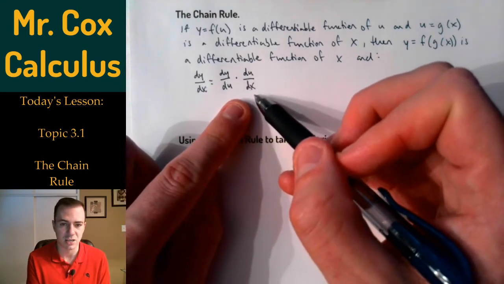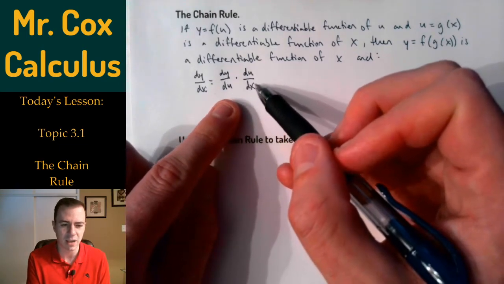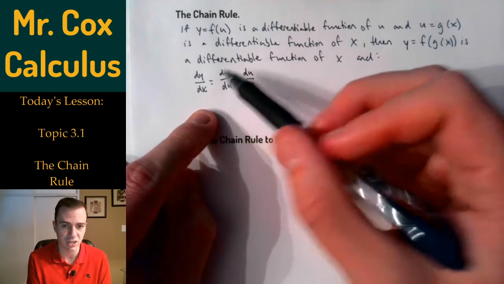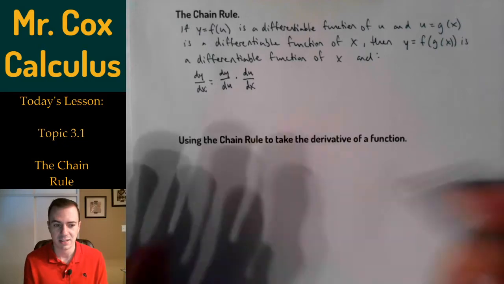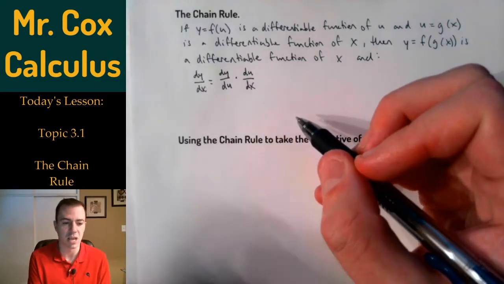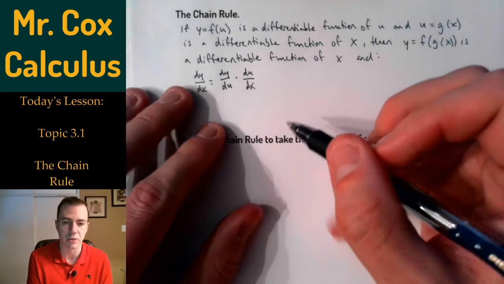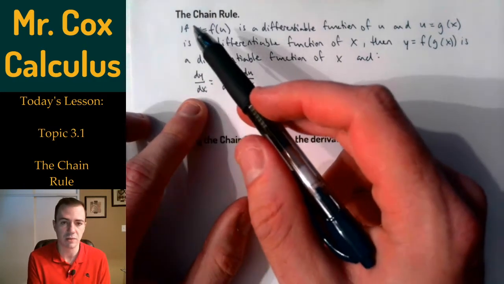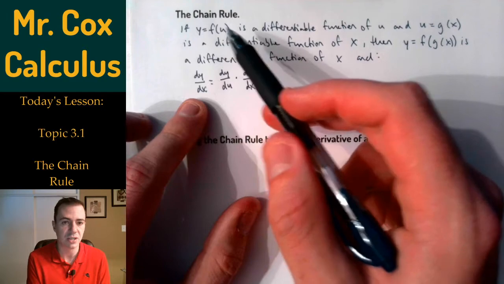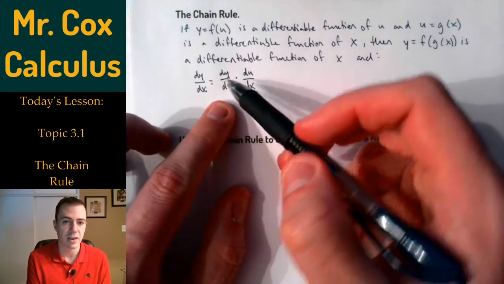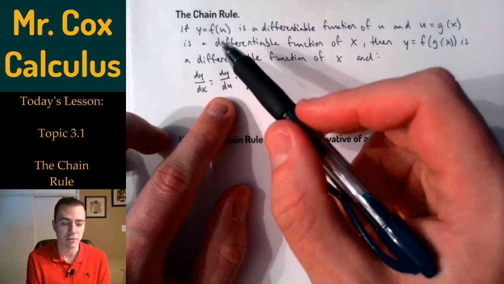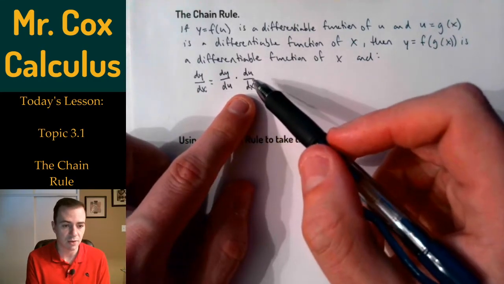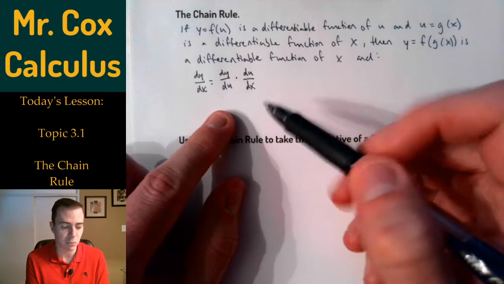This is the rate of change of u with respect to x, but your kind of algebraic instincts kick in and want to do this sort of cancellation here, and you get dy dx, and it's kind of one of the benefits of Leibniz notation that we'll talk a lot more about throughout the course of this year. But what this means is that if I want to take the derivative of y, this composition of functions, I take the derivative of y with respect to u, and then I take the derivative of u with respect to x and multiply it.